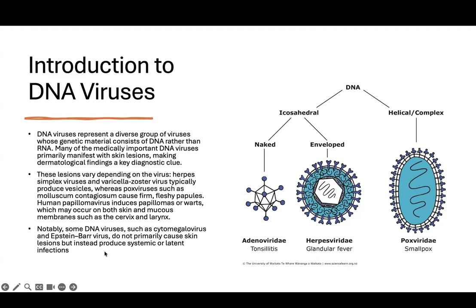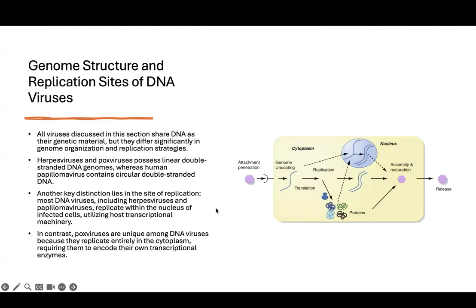But of course, some other DNA viruses, I call these the silent killers. When they infect us, they might cause a bit of symptoms, but then they lie dormant, and they really can be dormant for years and years until they actually come up and try to kill us. So we'll definitely go into the differences among them. But right now, I just want to talk in general about DNA viruses.